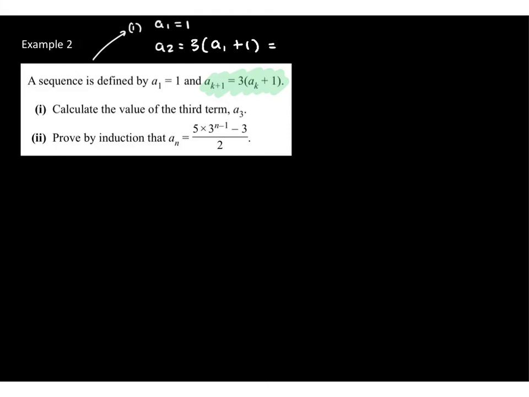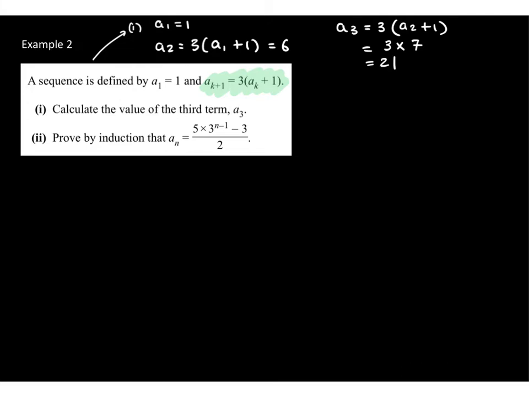So that is equal to 6. And then we can work out a3, which is equal to 3 lots of a2 plus 1, which is equal to 3 multiplied by 7, or 21. So those are our 3 terms.